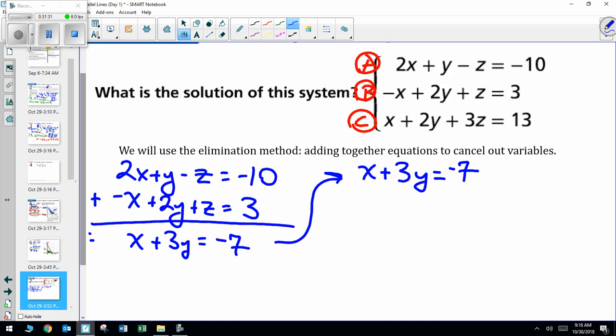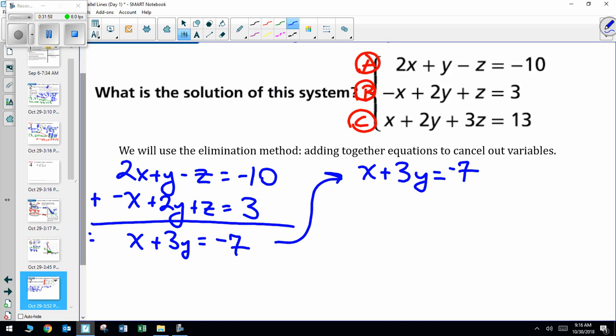And then after that step, I want to continue canceling out my variables. Okay? So I could add together equation B and C, right?